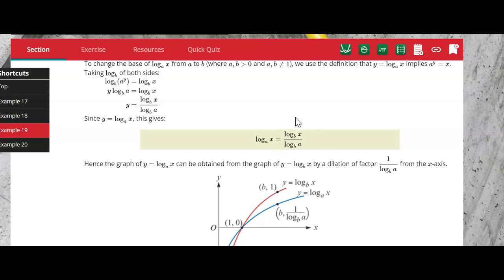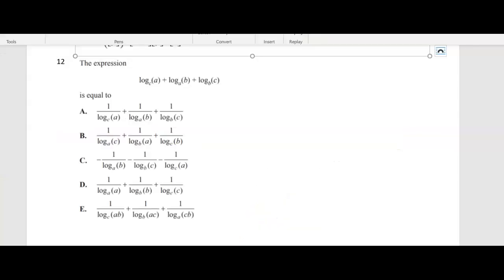So let's use that change of base rule for this question. The rule I just showed you used A, B and X, but I'll rewrite it using A, B and C because those are used here.